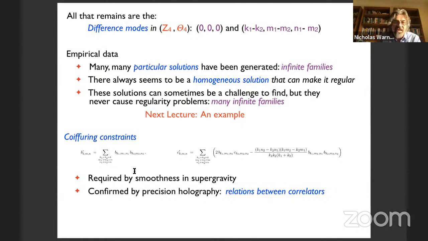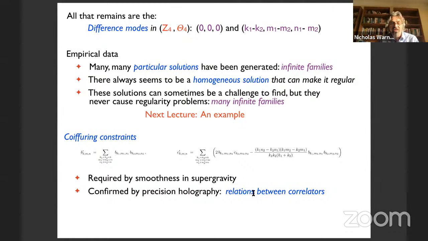So not fully tested, not definitively tested, but a whole bunch of these things. So here we have once again this thing that we've seen quite a few times in this game, that smoothness in supergravity transfers directly into statements that it makes sense in terms of holographic CFT. The holography knows what supergravity wants to be smooth.